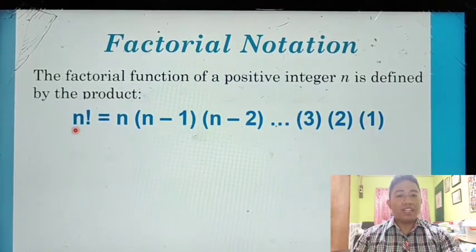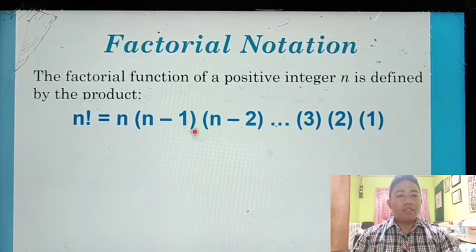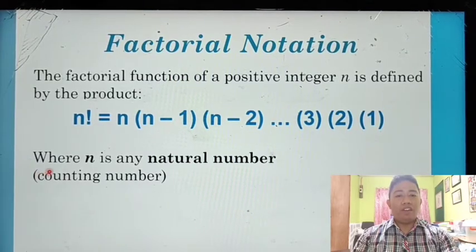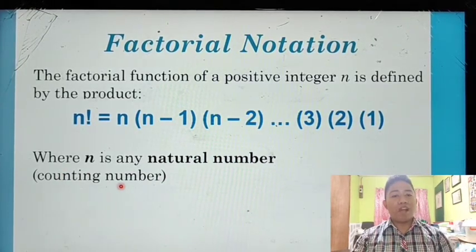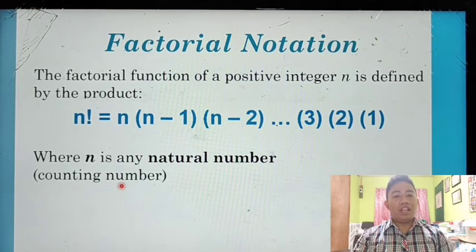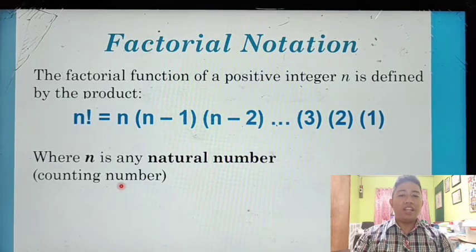We read it as n factorial is equal to n multiplied by the quantity n minus 1 times the quantity n minus 2 times, until you reach 3 times 2 times 1. That is the formula for factorial notation, where n is any natural number, also known as the counting numbers, from 0, 1, 2, 3, and of course until any positive whole number.